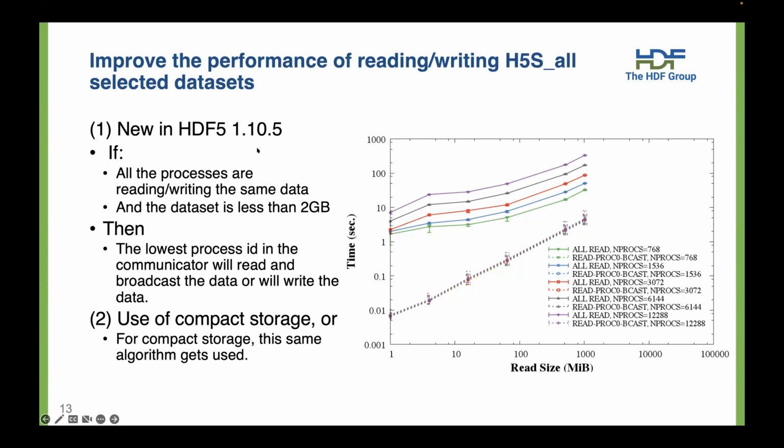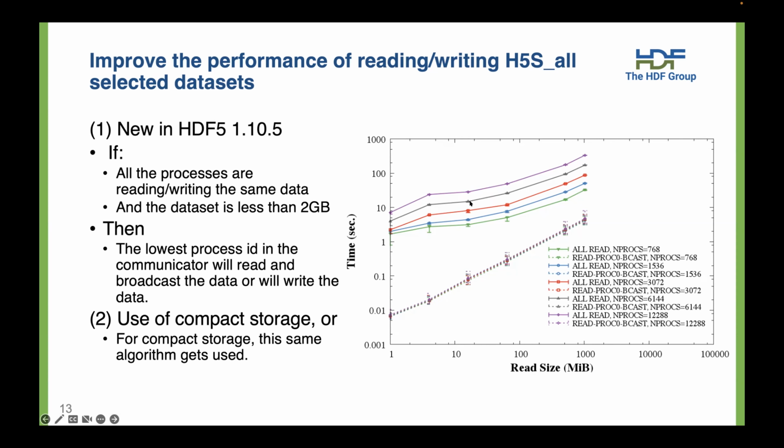What we did for CGNS was add in 1.10 that if all the processors were reading or writing all the same data, and the data set was less than 2 gigabytes, then the lowest process reads the data and broadcasts it to all the other ranks instead of having all the ranks read the same data.